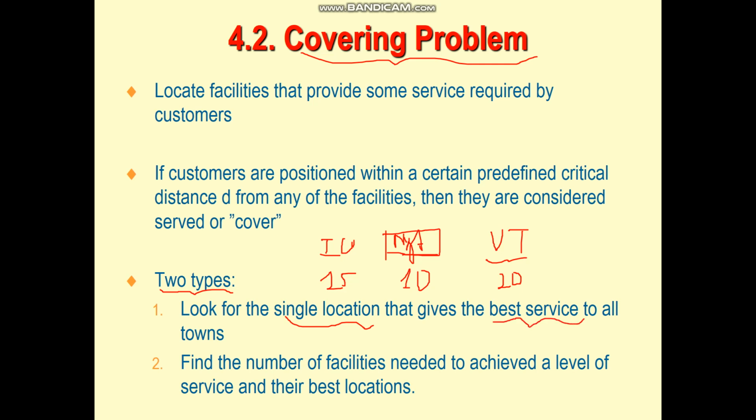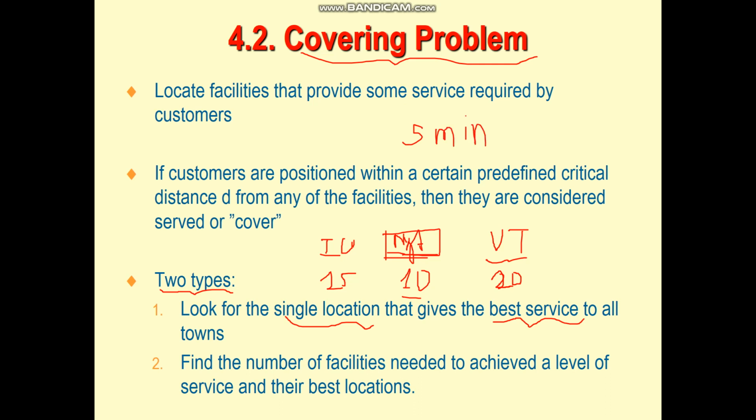Best service here we consider as the shortest time, okay? And the second type is to find the number of facilities needed to achieve a level of service and their best locations. So okay, if I locate in the night market, the longest time that the customer has to wait is 10 minutes. However, the customers are very uncomfortable with waiting for 10 minutes. They want us to deliver in 5 minutes.